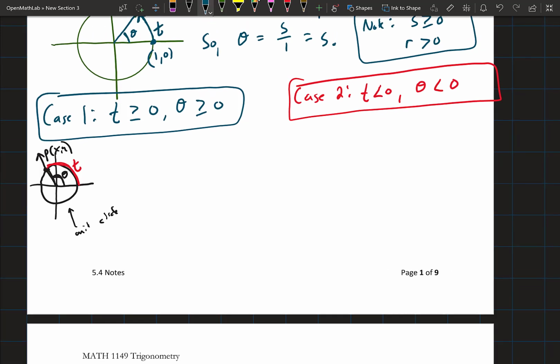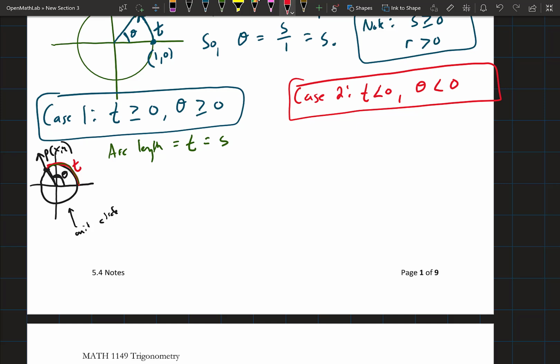So what we can say here is that the arc length, which would be this part that we showed in red on the diagram, is going to be equal to t. But it's also equal to s, because that's the variable that we use for the arc length. So this t value is going to be equal to the arc length.